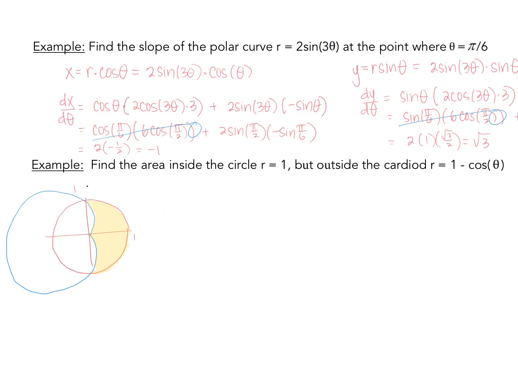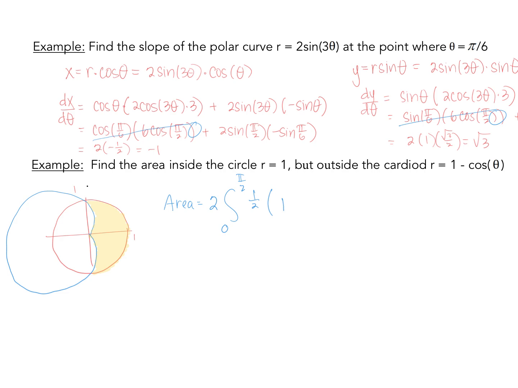That's probably what I would do. You could either go -pi-halves to +pi-halves, but my tendency is to try and use 0 whenever I can. So I would use 0 and then just make sure I'm doubling that. Okay, and then I'll have 1/2. Then I'll have the outer radius, which is being formed by the circle.